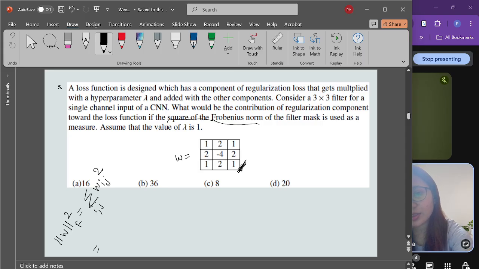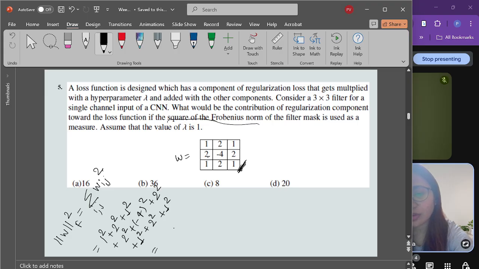So if you calculate, you will get 1 square plus 2 square plus 1 square. Then in the next row, 2 square plus minus 4 square plus 2 square. Now the next one is 1 square plus 2 square plus 1 square.